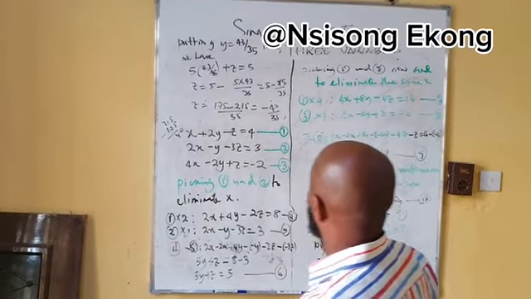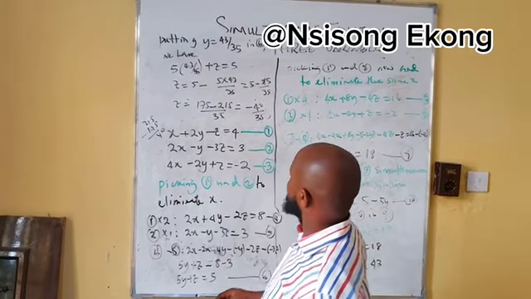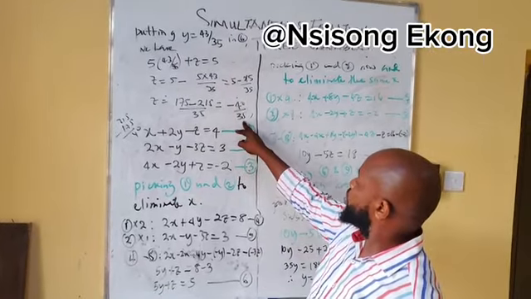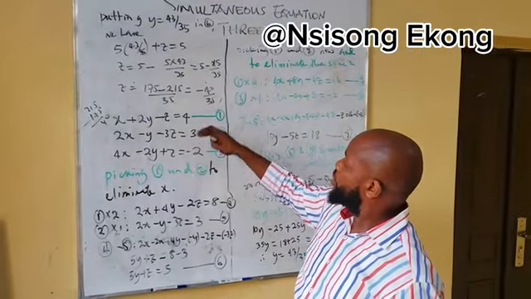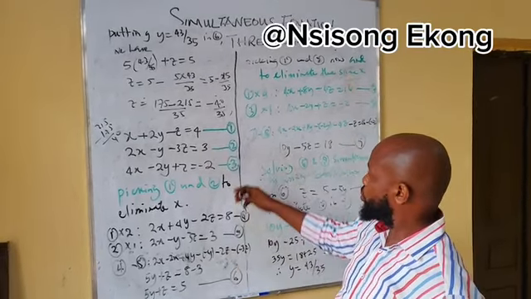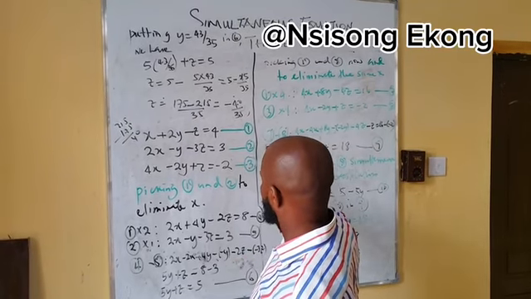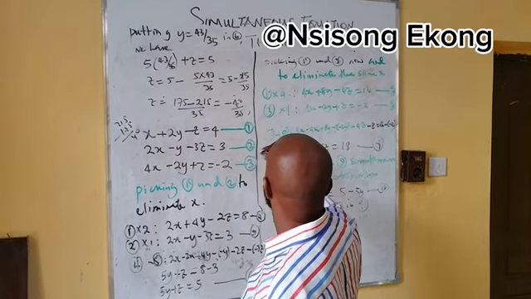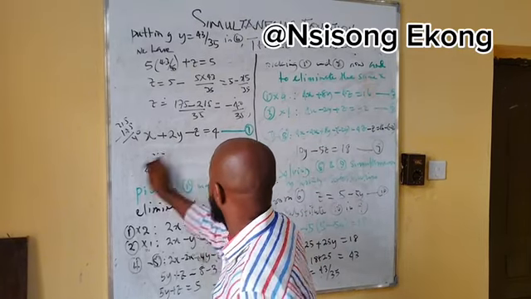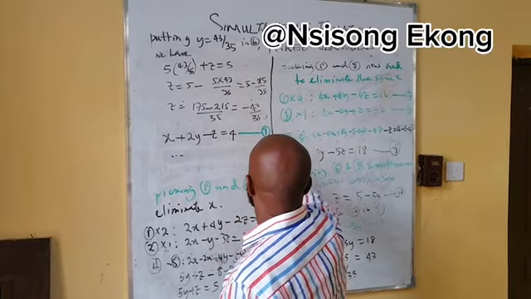Alright. We now move ahead to obtain the value of x by substituting y equals 43 over 35 and z equals minus 40 over 35 into either equation 1, or equation 2, or equation 3. I choose to substitute that value in equation 1.